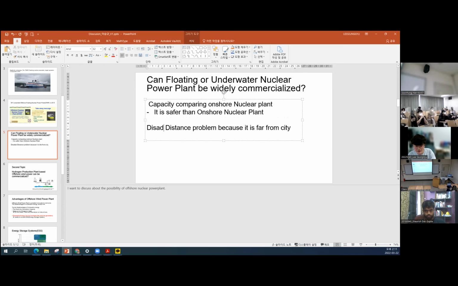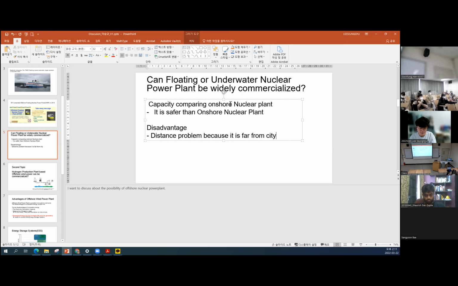And I think it is far from the city, so the cost is high compared to an onshore nuclear plant.